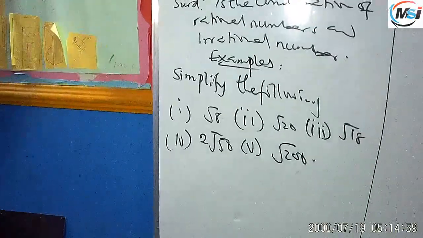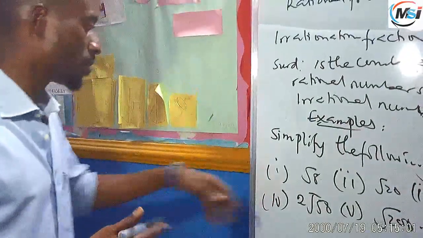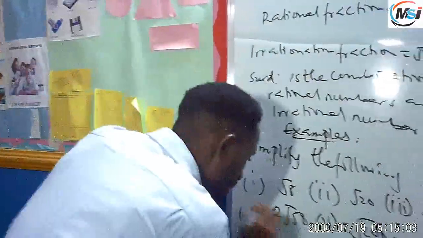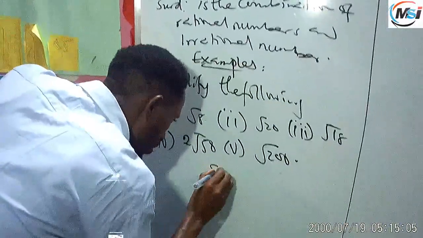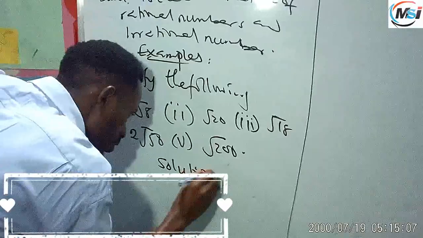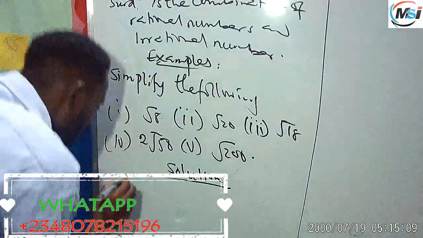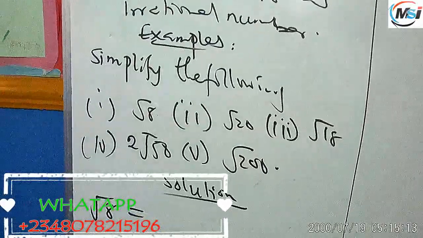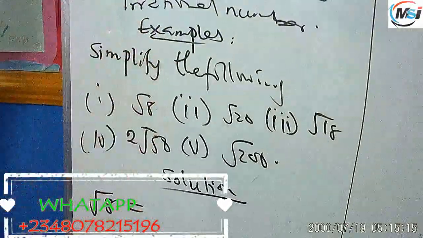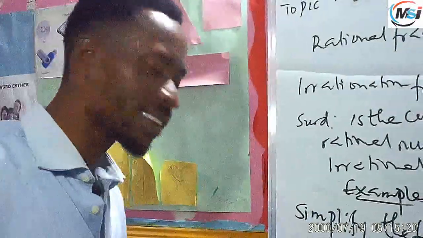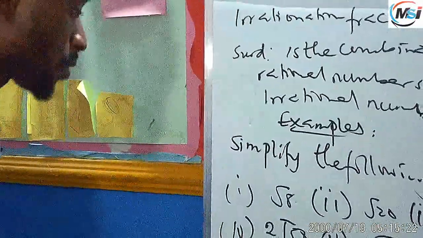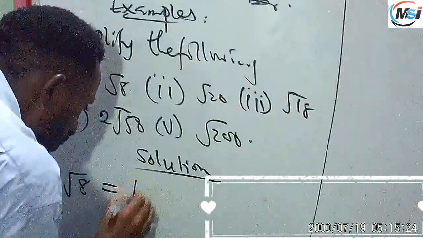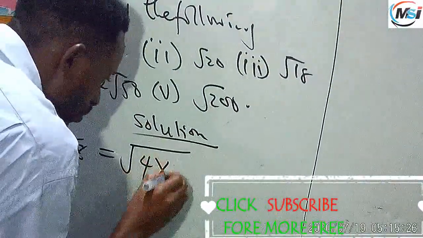Okay, fine. Let's consider the first question, which is Roman figure 1. Before you solve, you must write your solution to show that you are organized. If you have √8, you think of two numbers, one rational and one irrational, that will give you exactly √8. You have 4 times 2.